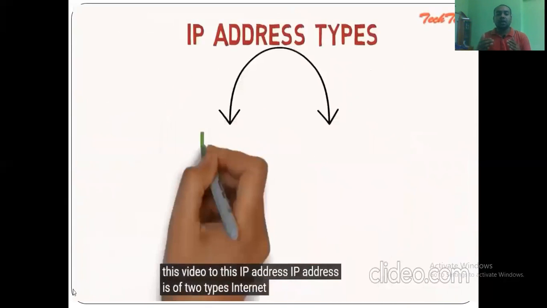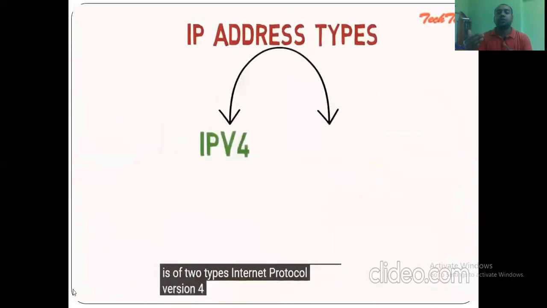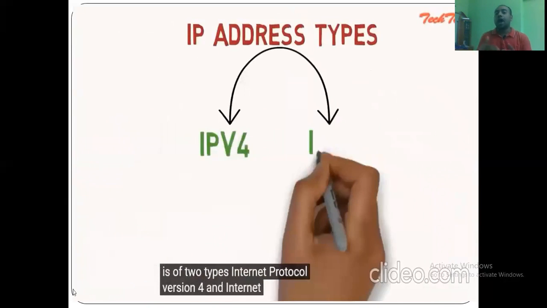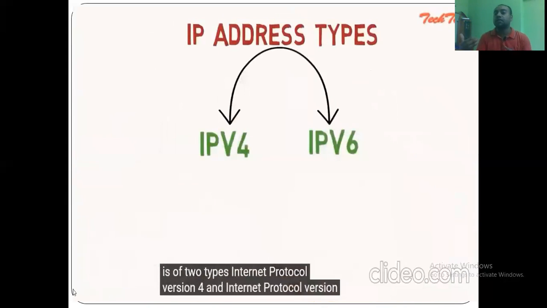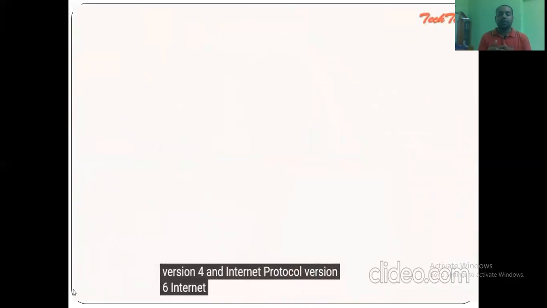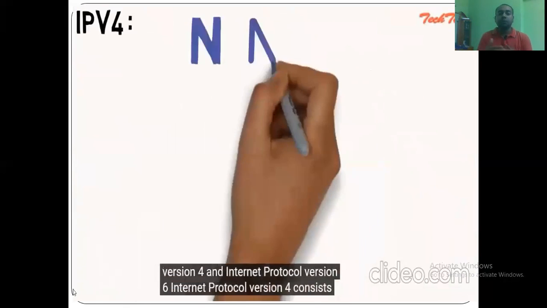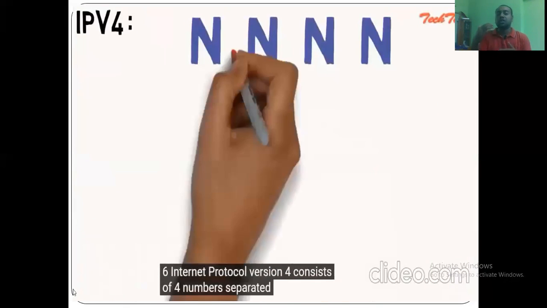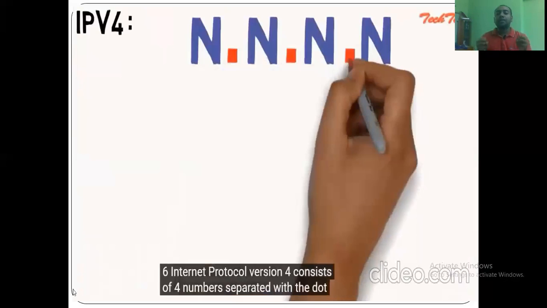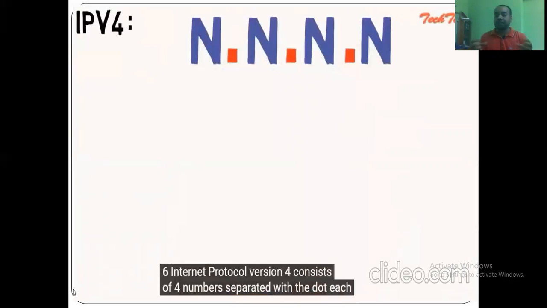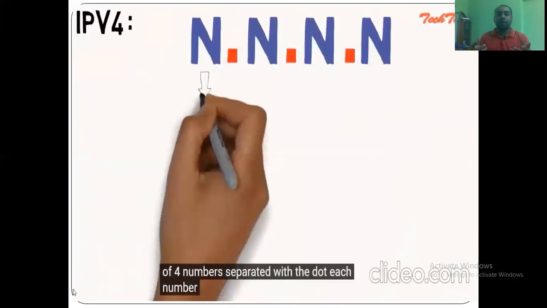IP address is of two types: Internet Protocol version 4 and Internet Protocol version 6. Internet Protocol version 4 consists of 4 numbers separated with dots.